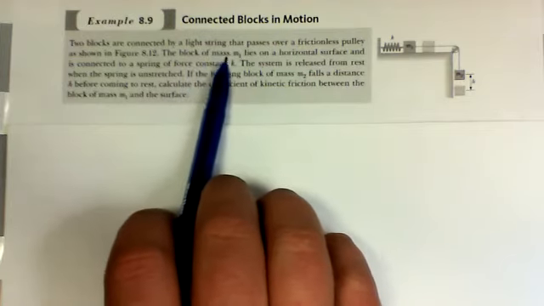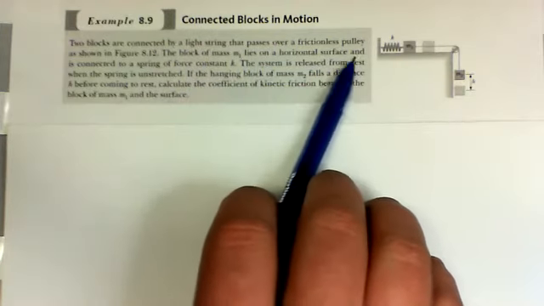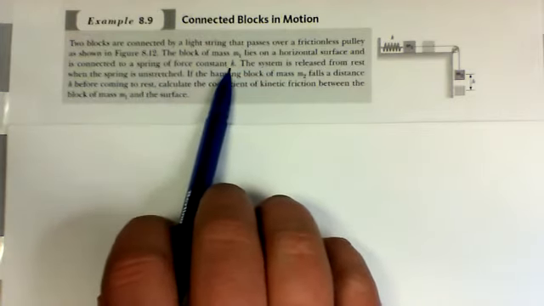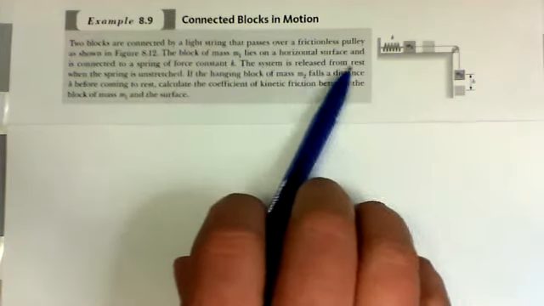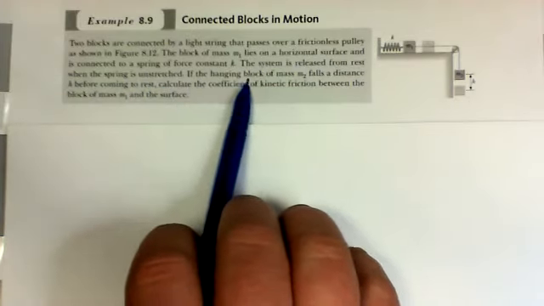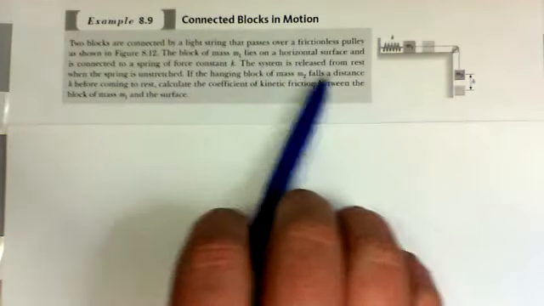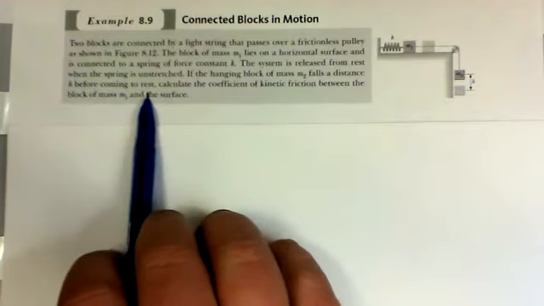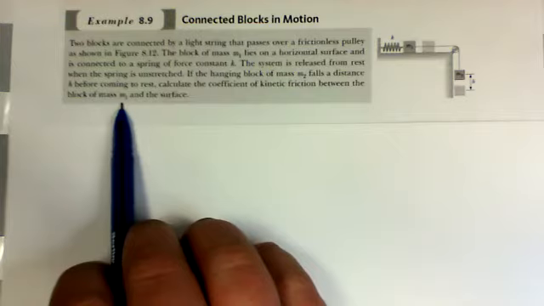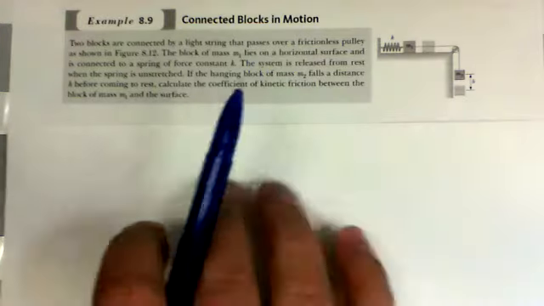The block of mass m1 lies on a horizontal surface and is connected to a spring of force constant K. The system is released from rest when the spring is unstretched. If the hanging block of mass m2 falls a distance h before coming to rest, calculate the coefficient of kinetic friction between the block of mass m1 and the surface.